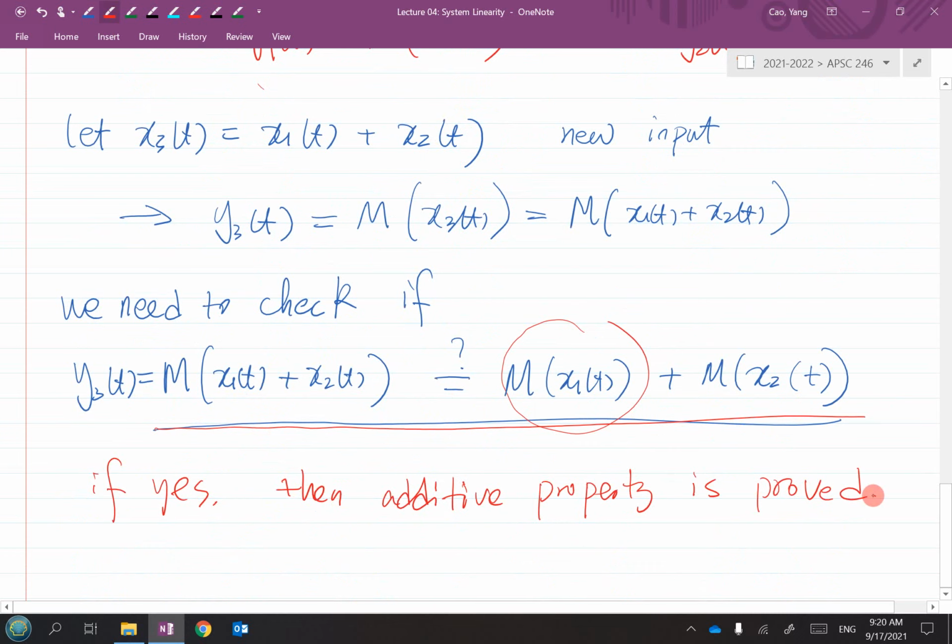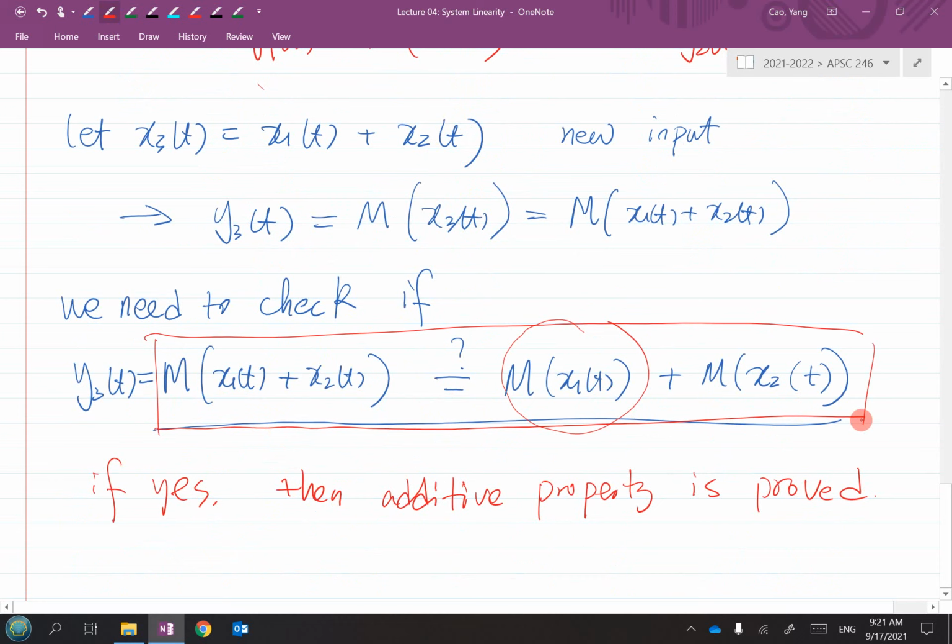If no, then the additive property is not true for this system. So essentially it boils down to this expression: can you prove the left side to be the same as the right side?